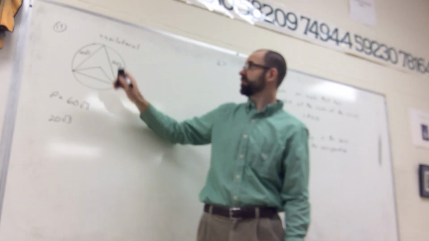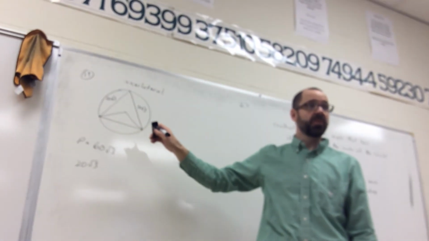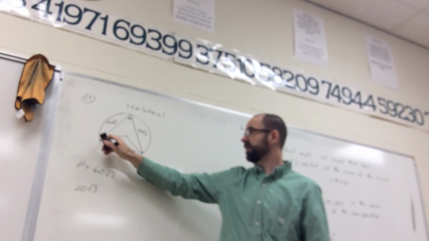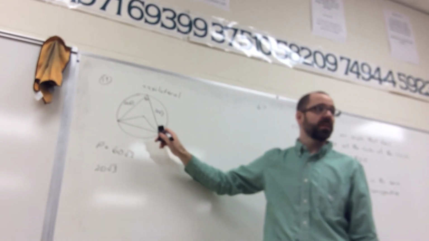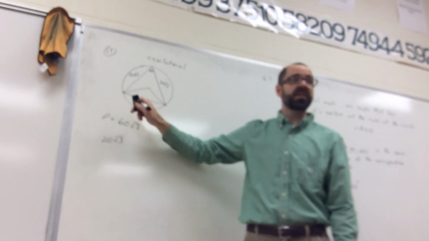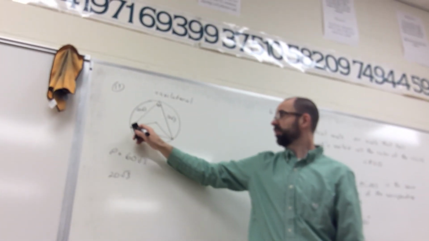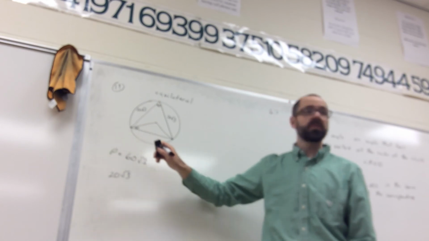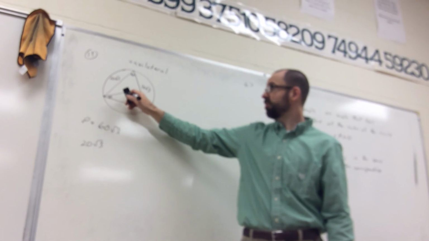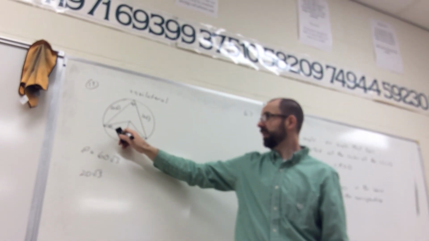Okay, now, since all three of these angles are equal, that means each of them are 60. So that was 60, that was 60, that was 60. And that means that this just got cut in half, so this is 30. Then if you draw this line in, that makes a 90.